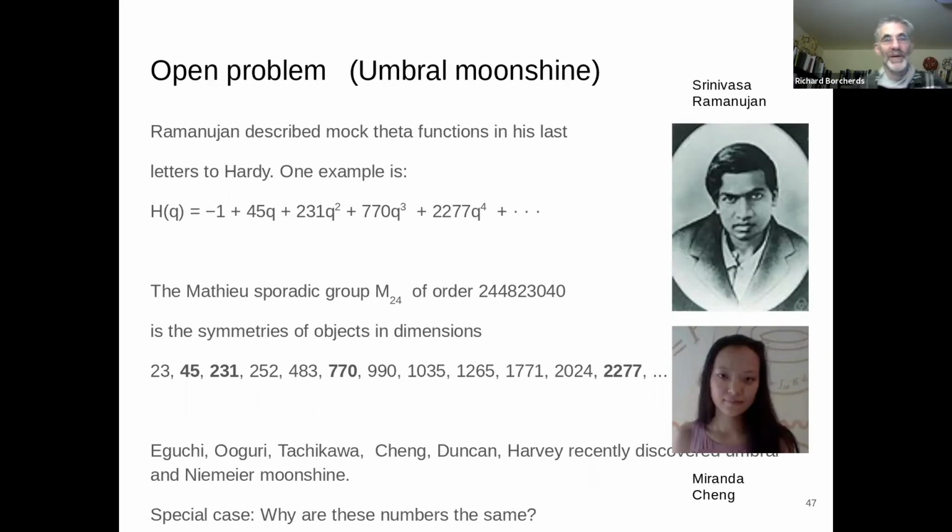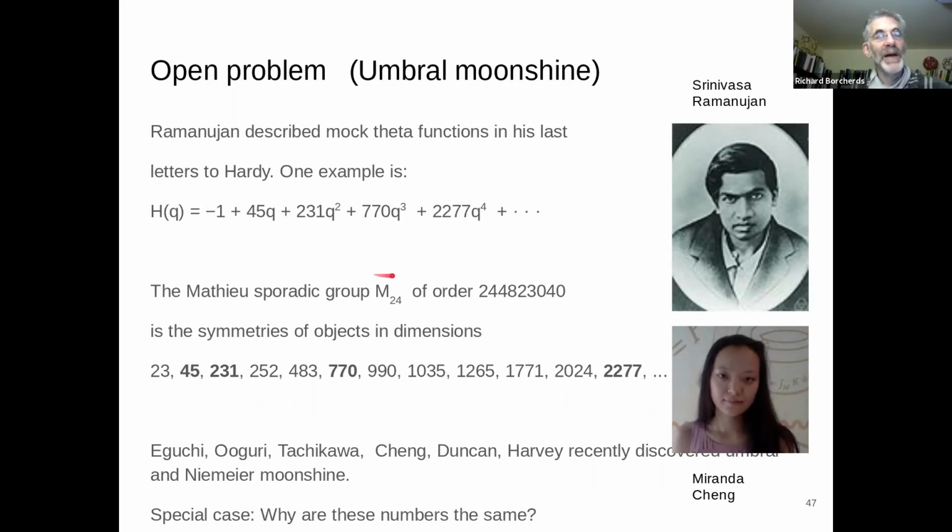So if you want to try some research that isn't understood yet, we can take a mock theta function. Mock theta functions were introduced by Ramanujan in one of his letters to Hardy just before he died. And one example of a mock theta function has Fourier coefficients that look like this.